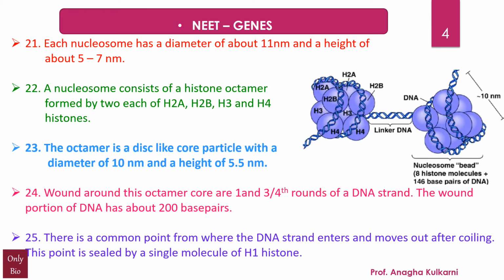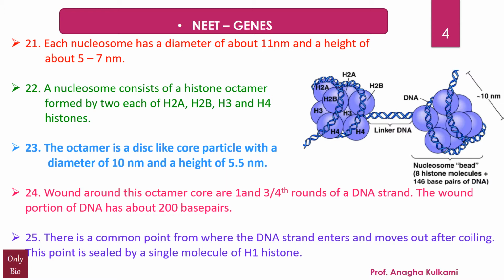On the screen, you can see how exactly the nucleosome looks. It has a basic octamer core, that is a histone octamer core, around which the DNA takes 1 3/4 turn, and the remaining 1/4 part is the linker DNA which connects two adjacent nucleosomes with each other.